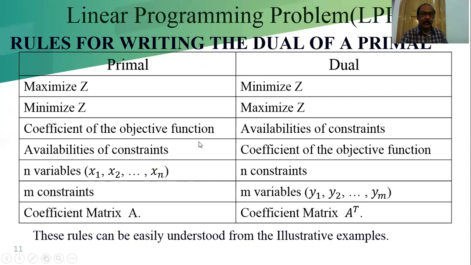The right hand side of the constraints goes to the coefficients of the objective function. In a primal with n variables x1, x2, xn, we will get n constraints in the dual. Suppose we have m constraints in the primal, then we will get m variables y1, y2, ym in the dual. If the coefficient matrix is A, then the coefficient matrix of the dual will be A transpose. The results can be easily understood from the illustrative example.